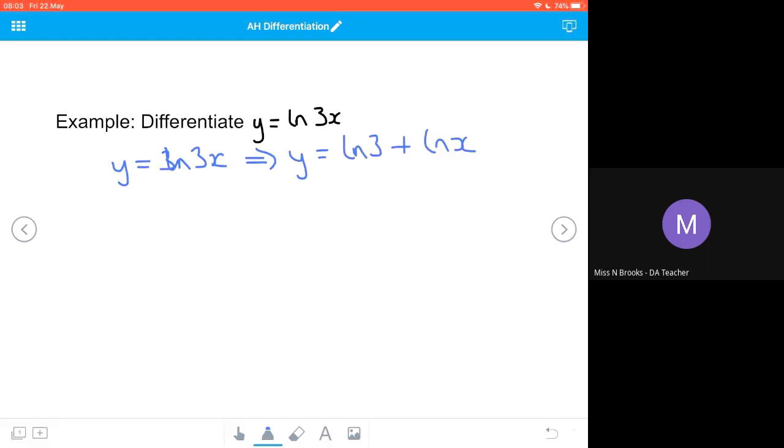We're going to differentiate that, so the derivative of y with respect to x is going to be the natural log of 3 differentiated becomes 0 because it's a constant, and the natural log of x becomes 1 over x. And then we're going to simplify it. So the derivative of y with respect to x when y equals the natural log of 3x is just 1 over x.